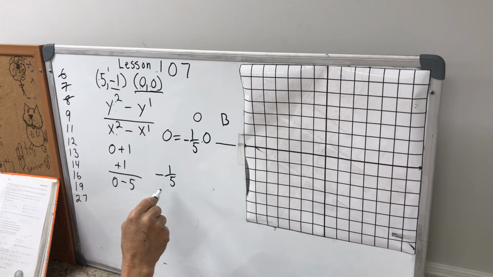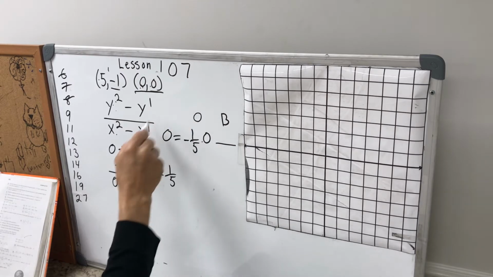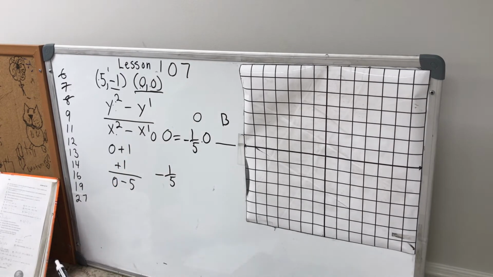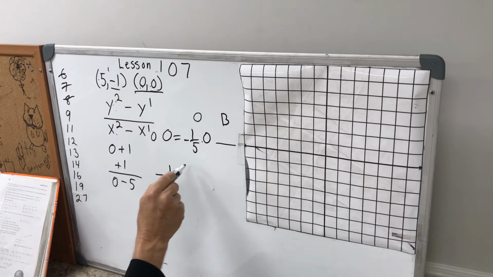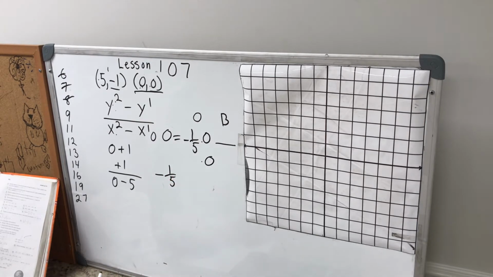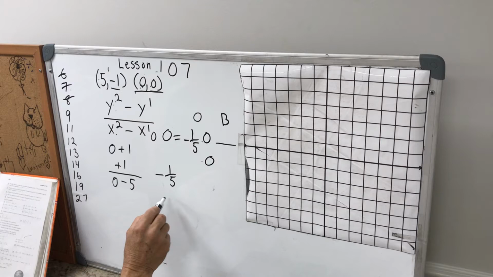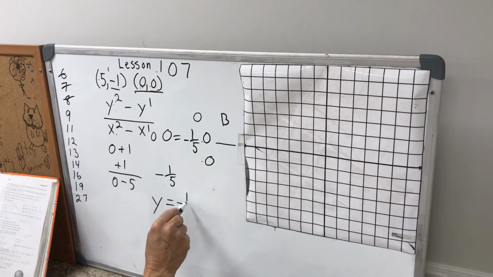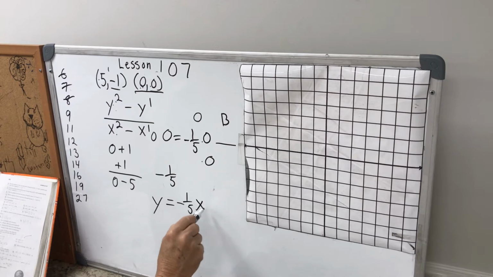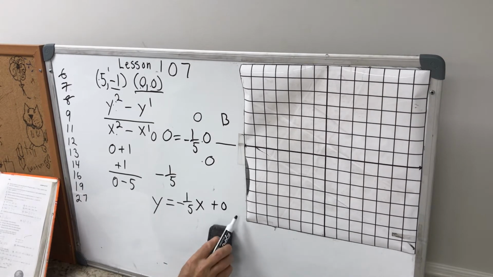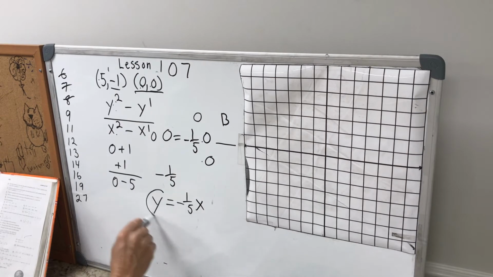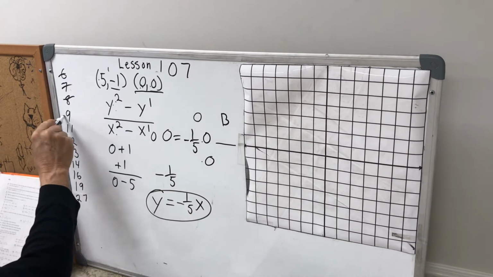Are you with me? Put the 0 back on this side. 0 plus 0 equals 0. So we really are back to, I'm going to rewrite it now, y equals negative 1/5 x plus 0. What do we do when it has a plus 0? We erase it. There is your final answer on number 9.